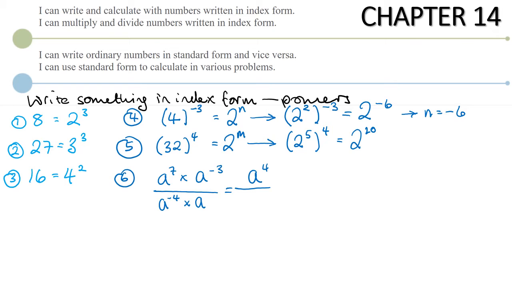That's not a to the power 0, that's a to the power 1. Any letter on its own like that, or number on its own, is power 1. So if I add the powers, I've got -4 plus 1, a to the power -3. Now from here, I subtract the powers. So basically it's a to the power 4 minus -3, because I'm dividing, I subtract the powers. That becomes a to the power 7.